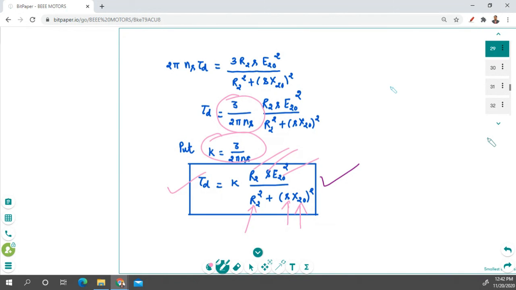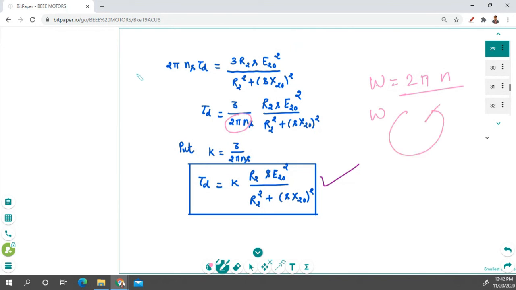Quickly, Gautam is asking a question: what is N in K? N in K, 2 pi N. When you represent this, omega is equal to 2 pi N. So this omega is the angular speed.